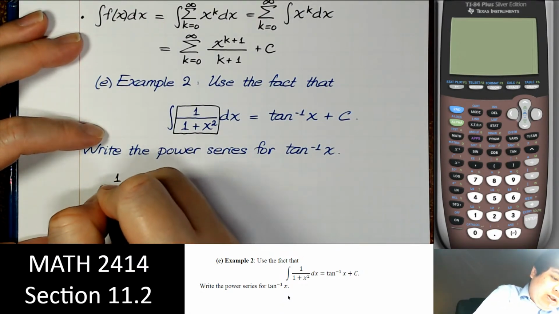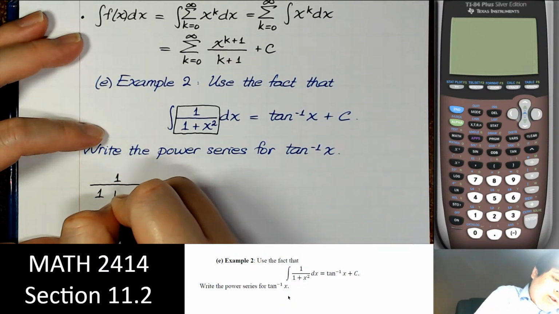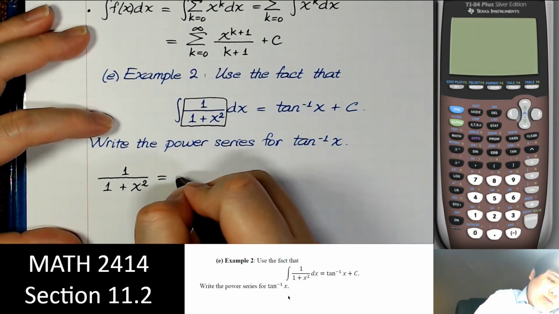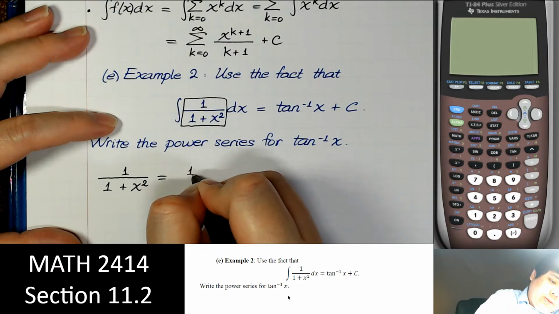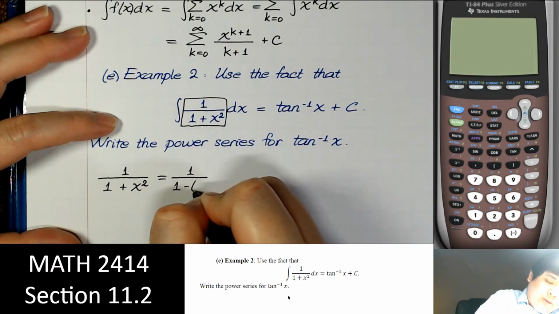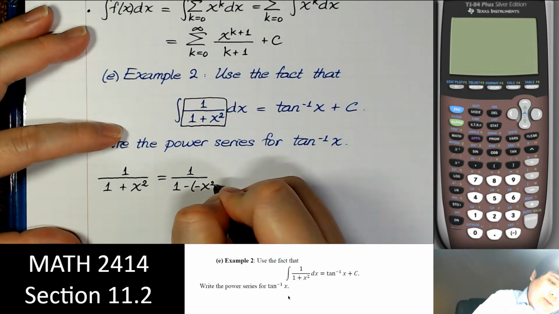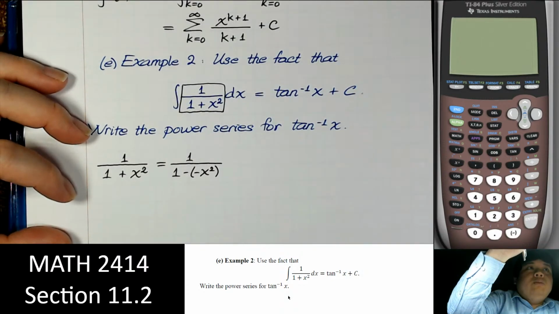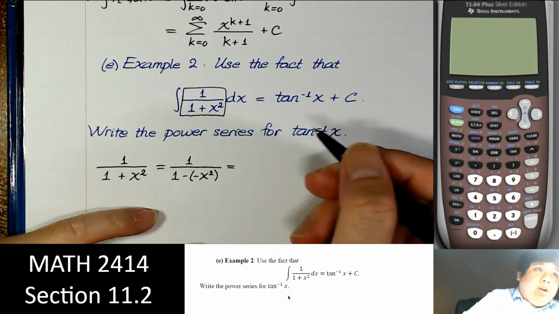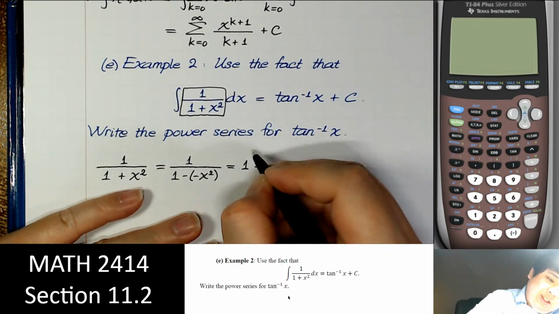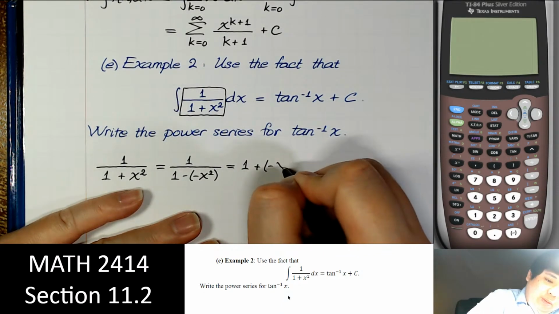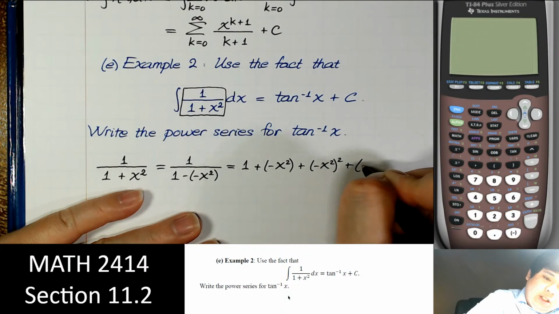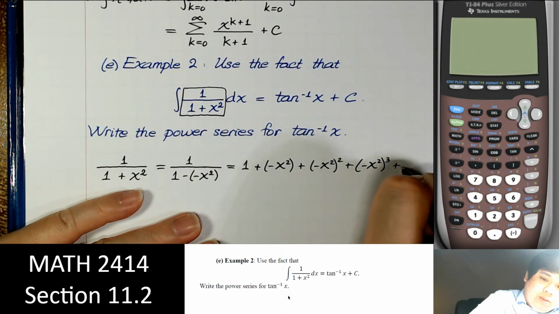So first, for that one equal to, we can write the power series 1 plus negative x squared plus negative x squared squared, negative x squared cubed, and so on.